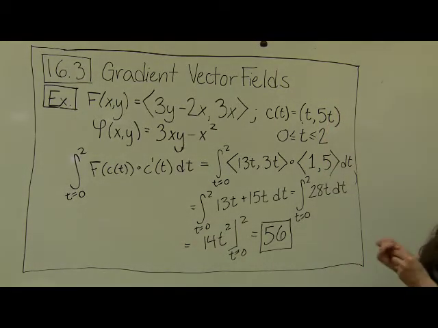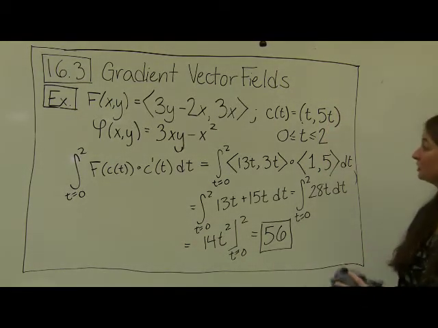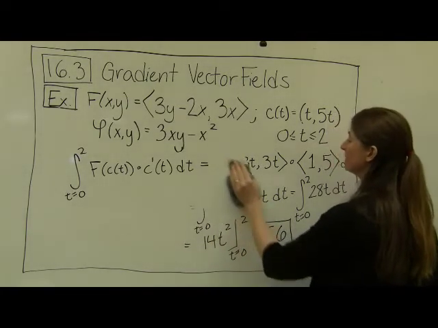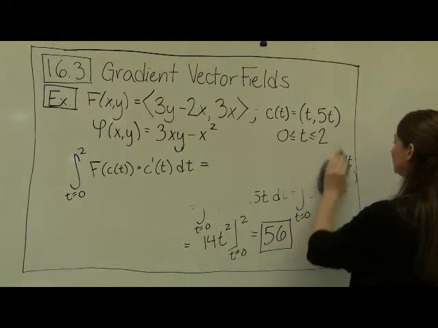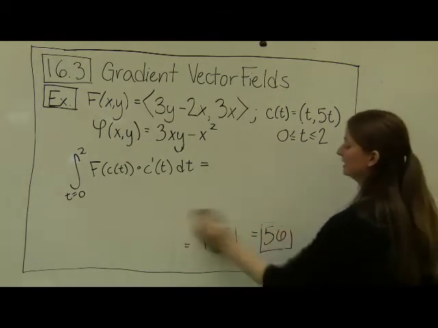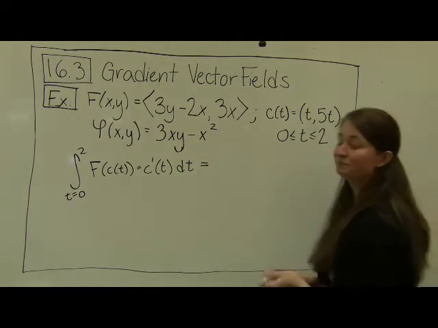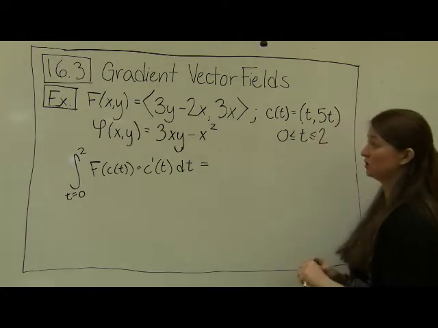Let's use our new magic trick, though. We have a new magic trick to be able to compute this line integral, right? We don't have to go through all these steps because we just found out that because f happens to be a gradient vector field, and not all vector fields are gradient vector fields, so you can't do this with any old vector field.